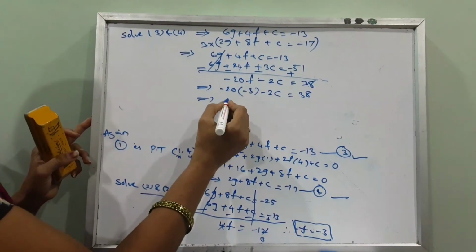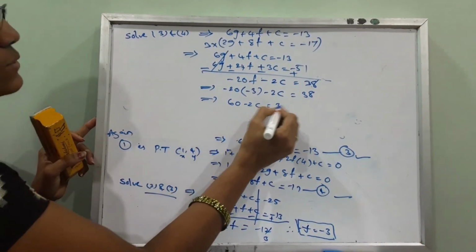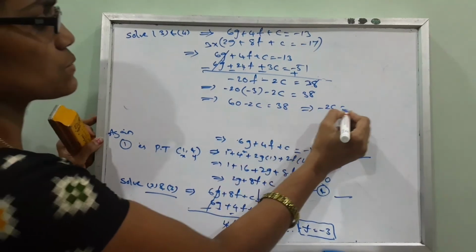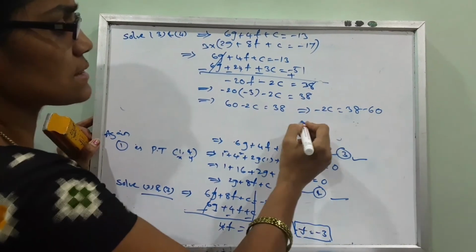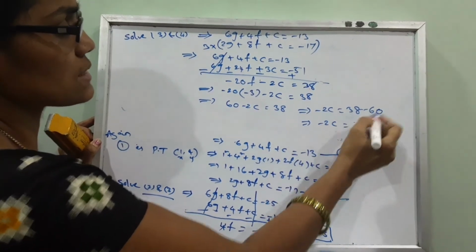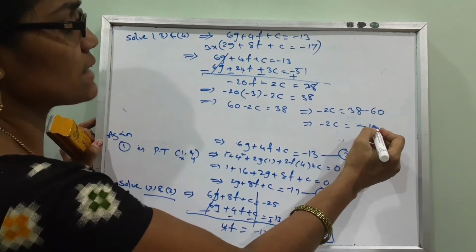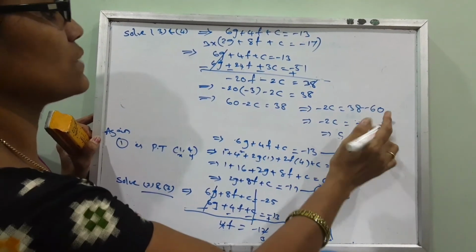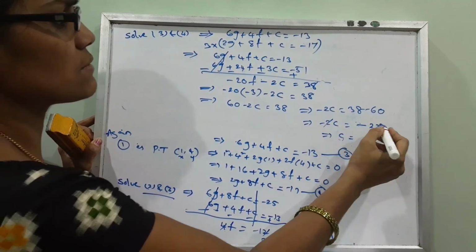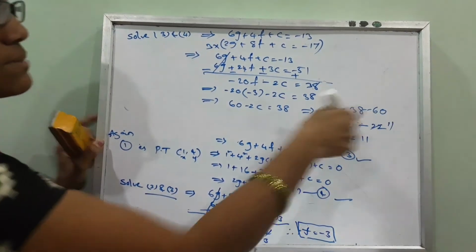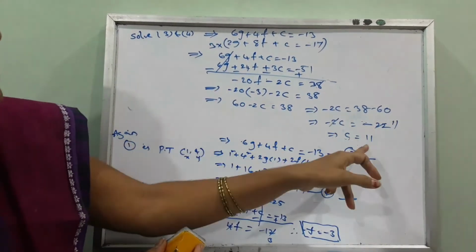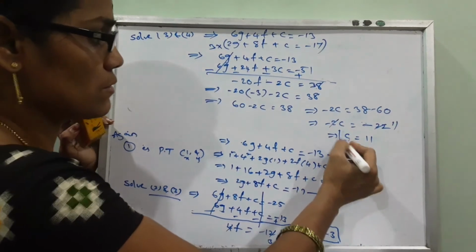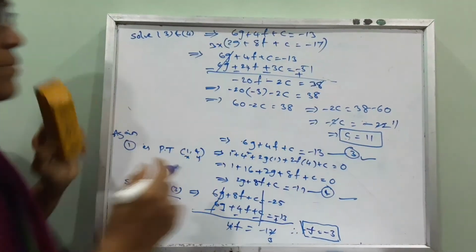From this, 20 into 3 is 60 minus 2c is equal to 38. This implies minus 2c is equal to 38 minus 60. This implies minus 2c is equal to minus 22. Then c is equal to, here minus minus will get cancelled, 2 elevens are 22. Therefore c is equal to 11.